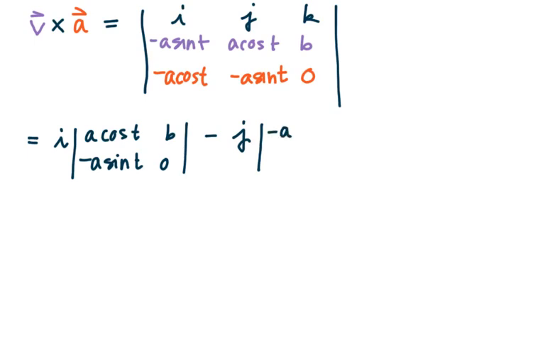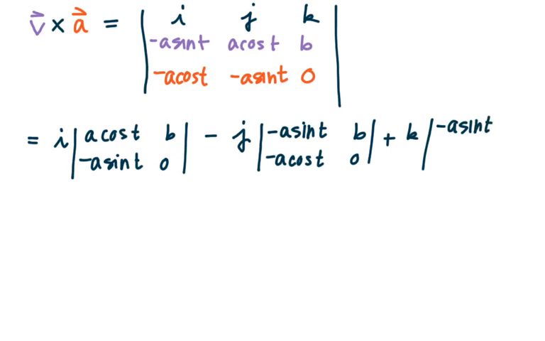And here I've got negative a sine t, b, negative a cosine t, 0, and plus k times the determinant of negative a sine t, a cosine t, negative a cosine t, and negative a sine t. I'm running out of space.